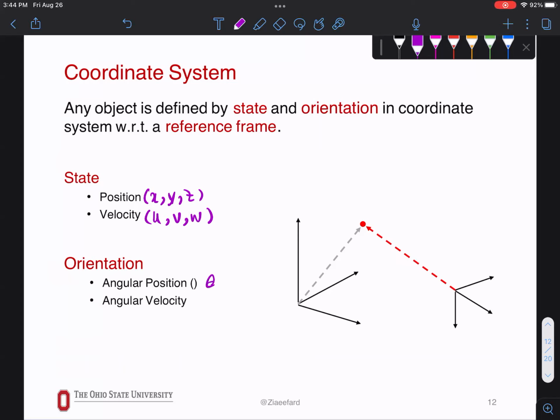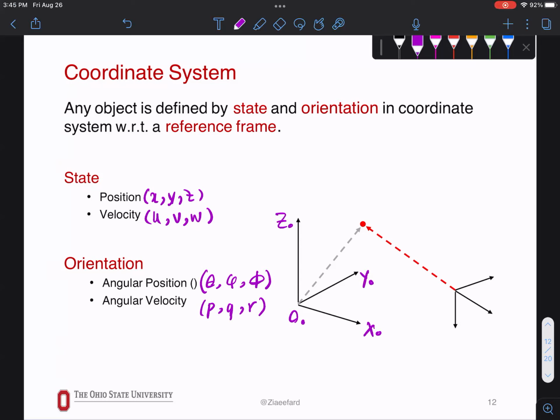Angular position, you can say theta 1, theta 2, theta 3, or theta, phi, and psi, I think, or the other way around. Then this one, P, Q, R. Why we went back to English instead of Latin, I don't know. Don't ask me. Now, if this is your frame 0, X0, Y0, Z0.